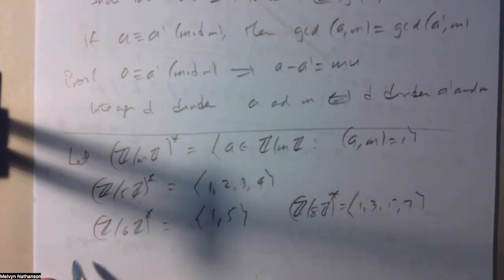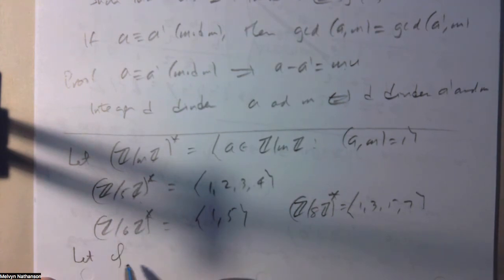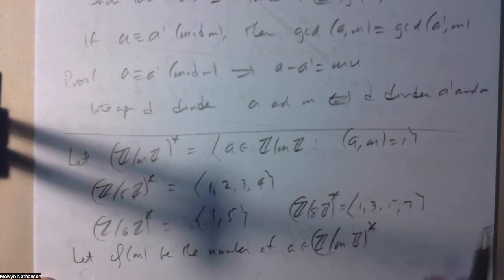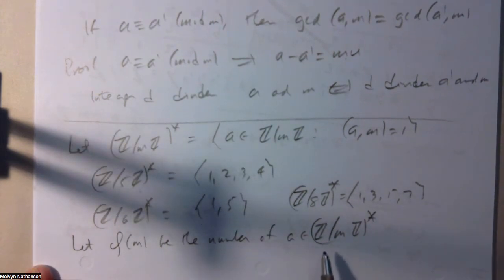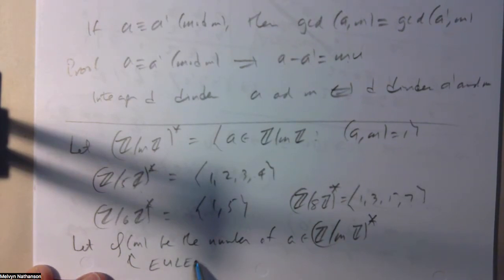And we let the capital Greek letter phi of m be the number of a in Z mod mZ star. It's the number of congruence classes that are relatively prime to m. And this is a very important function in cryptography.